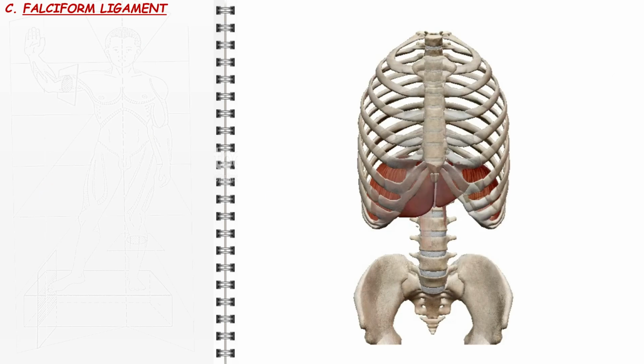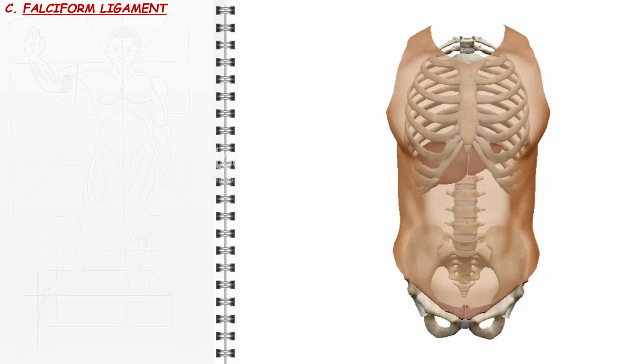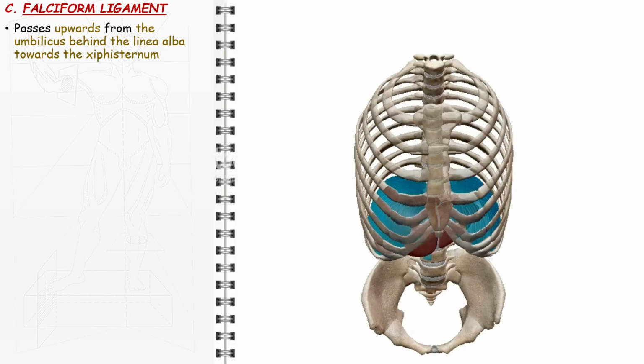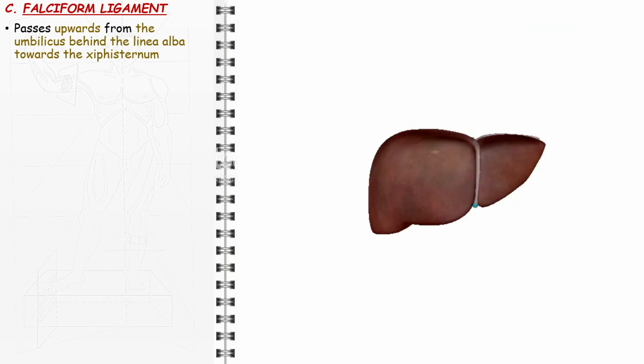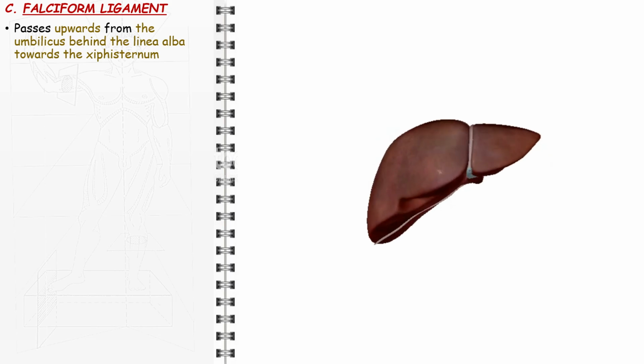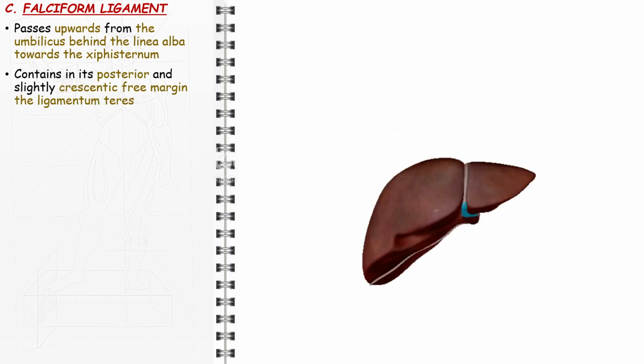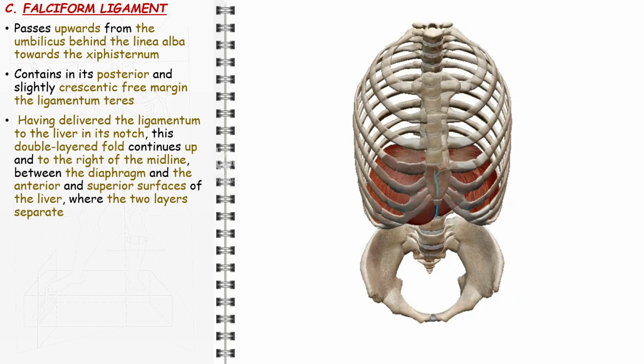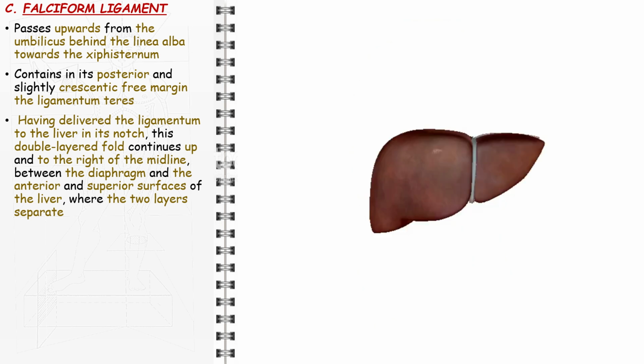The falciform ligament stands as a vertical septum that passes upwards from the umbilicus behind the linea alba towards the xiphisternum forwards and from the ligamentum teres to the diaphragm backwards. In fact, it contains in its posterior and slightly crescentic free margin the ligamentum teres. Having delivered the ligamentum to the liver in its notch, this double-layered peritoneal fold continues up and to the right of the midline, between the diaphragm and the anterior and superior surfaces of the liver, where the 2 layers separate.